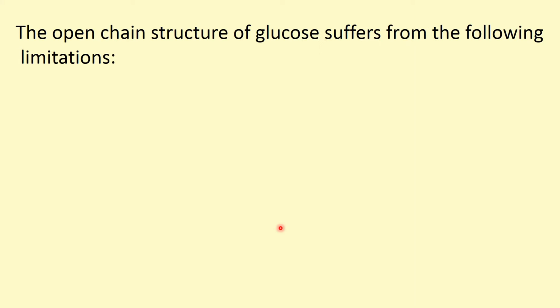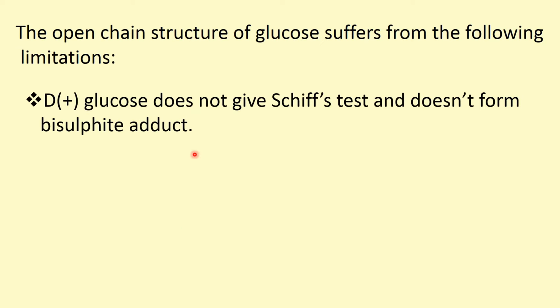But this open chain structure of glucose suffers from the following limitations. Let's see. D-plus glucose does not give Schiff's test and does not form a bisulfite adduct. Schiff's test is the test for the aldehyde group. Though an aldehyde group is present in the glucose molecule, it does not respond to Schiff's test.